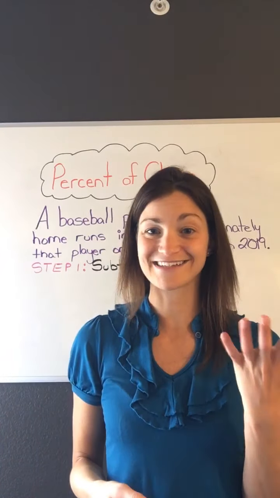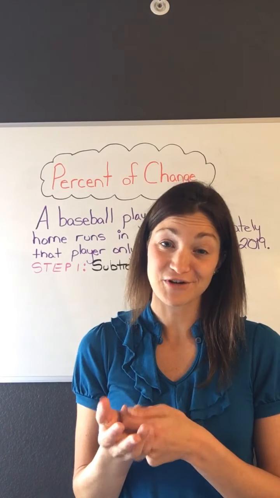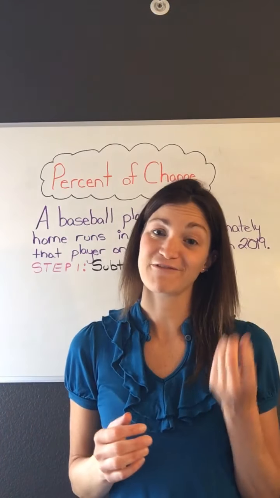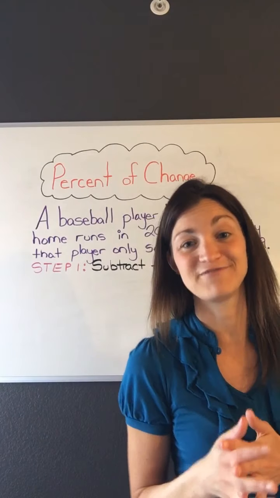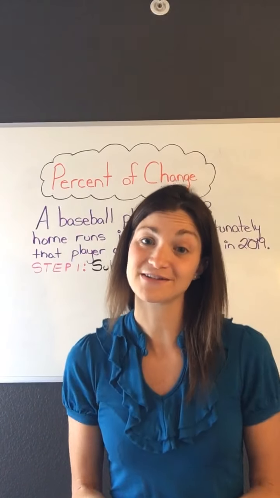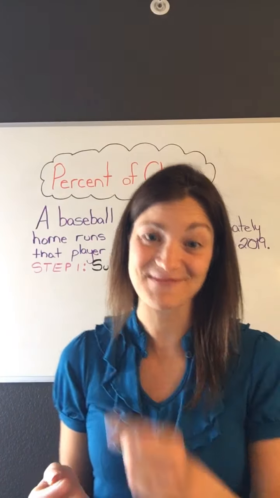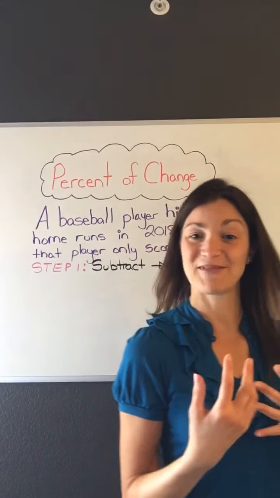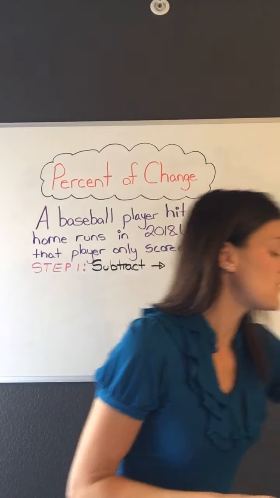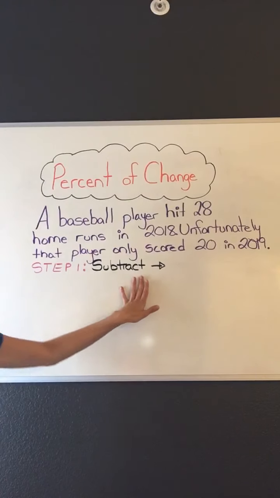So if you take 7 and subtract 5, you're going to get 2. But if you take 5 and subtract 7, you're going to have -2. So the order does matter here, so pay attention because that's where a lot of students get hung up.